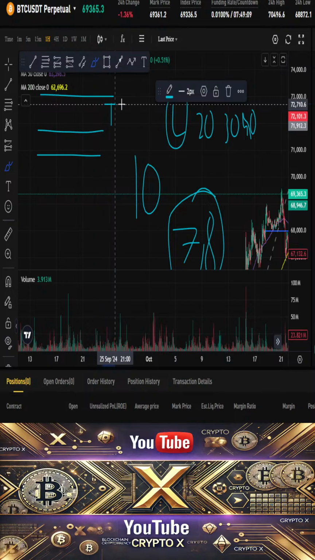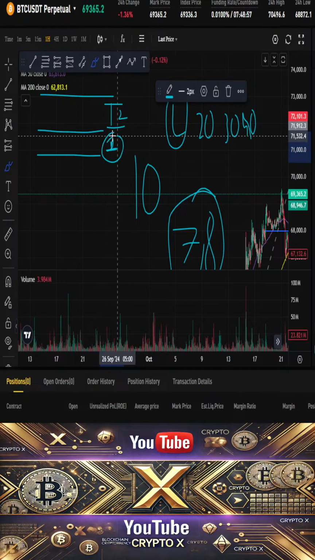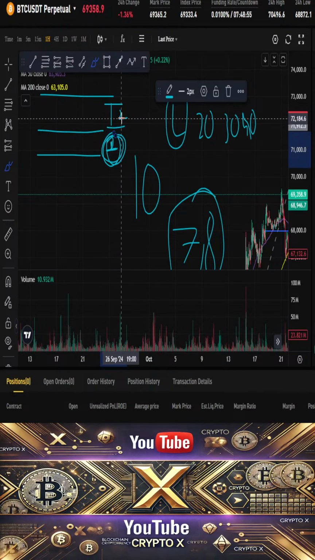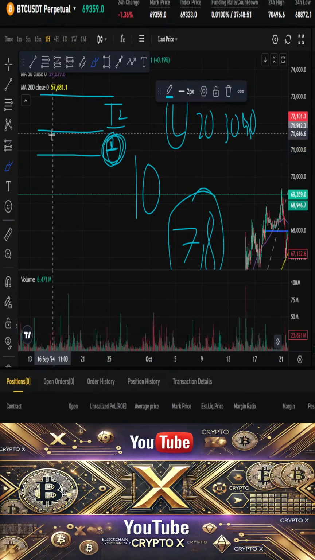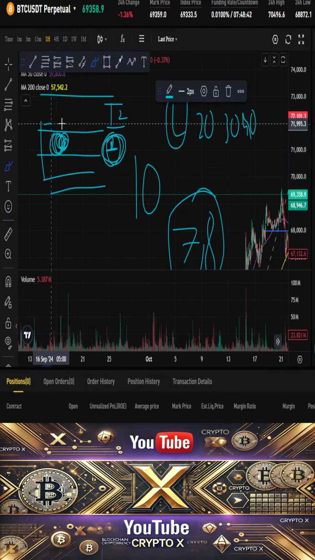You know your SL, right? How much you can go with your SL. You know it, right? Yeah, you told me earlier. So first check your SL here, and then you have to make your targets.